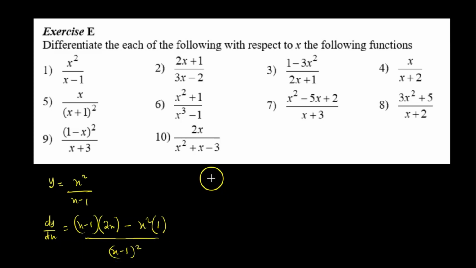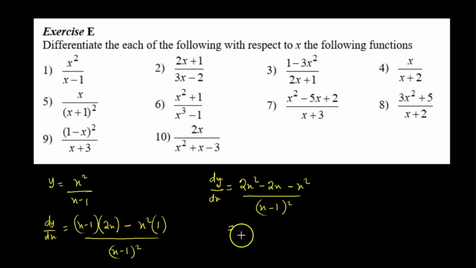Expanding and simplifying, we are going to have dy dx equal to 2x squared minus 2x, then minus x squared, all over x minus 1 all squared. Going further, 2x squared minus x squared will be left with x squared, then minus 2x, all over x minus 1 all squared.